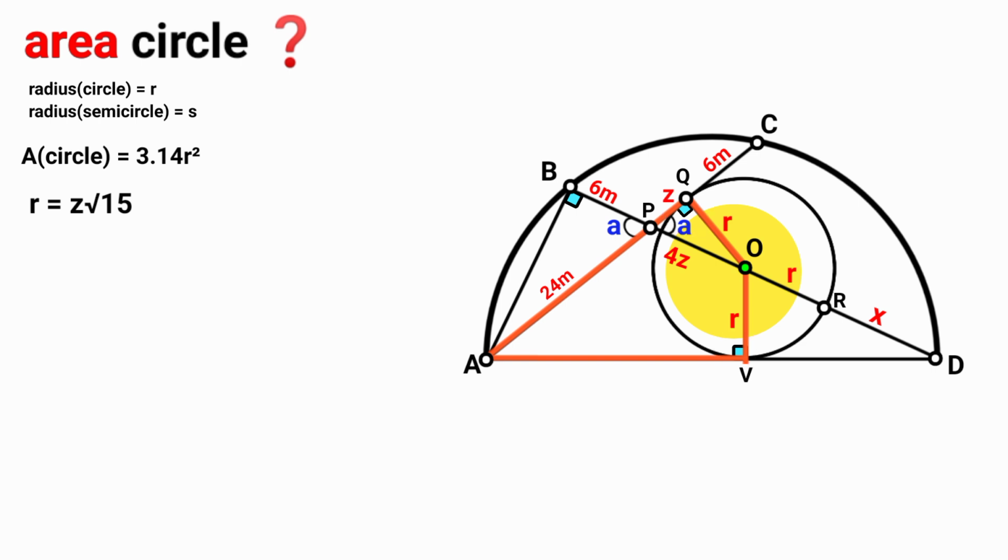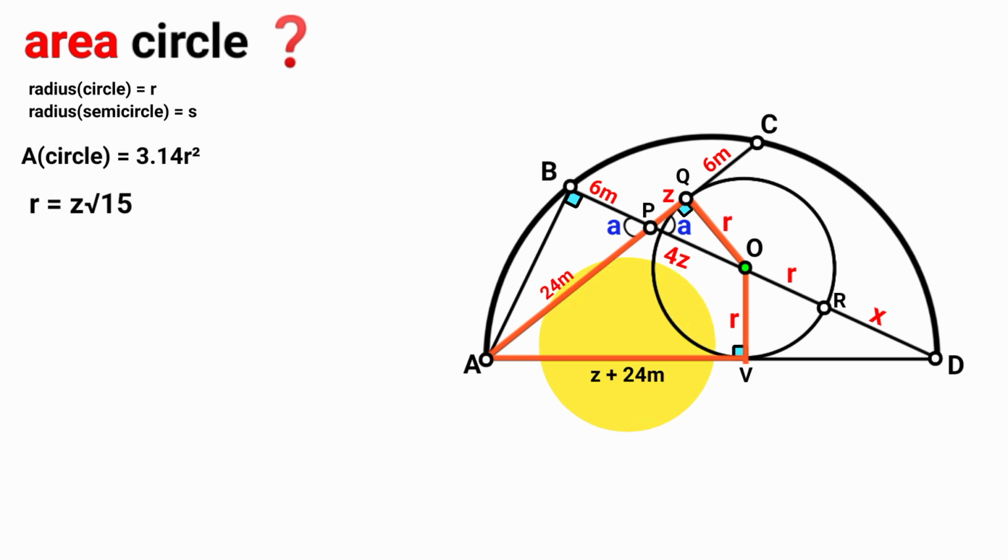The only type of quadrilateral that has this property is a kite. So therefore, this quadrilateral is a kite-shaped quadrilateral. So since it is a kite, this side and this side, since they are adjacent, will also be congruent. Since we have this side divided into this 24 and this Z, the length of this side will also be 24 plus Z, which is Z plus 24.